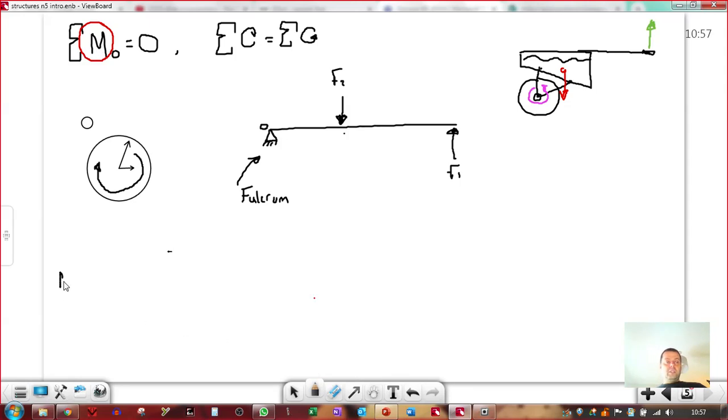A moment is a strange word that we use. It describes torque, turning force. Now, I'm using the word force here, but I'm not using force on its own. I'm using turning force.